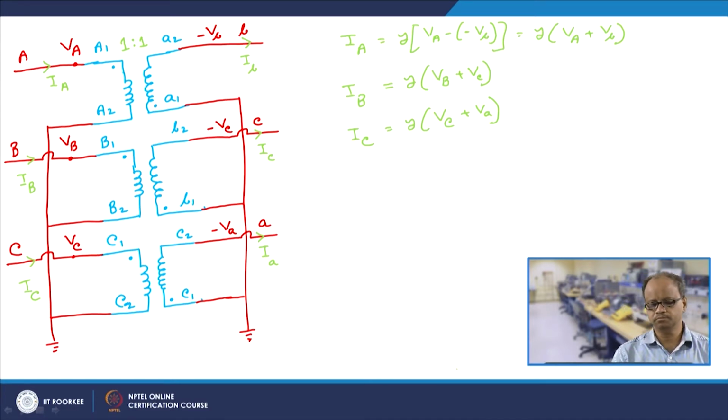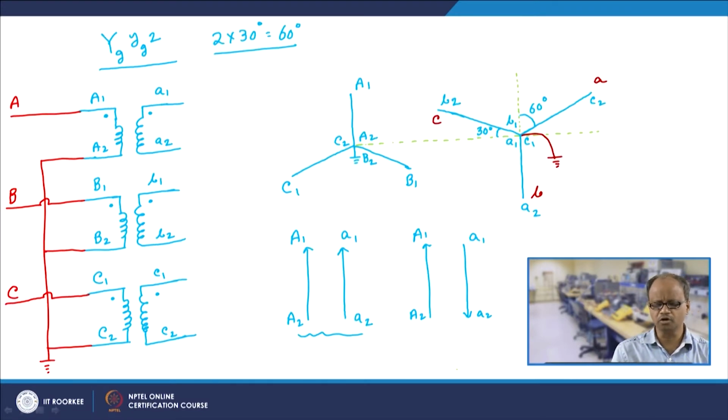Now, what happens to this current? If we recall the dot convention of any transformer, what does this dot convention say? For example, here if I say that this current is IP and this current is IS, we say that IP and IS are in phase. What does it mean?